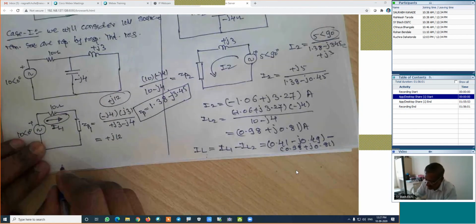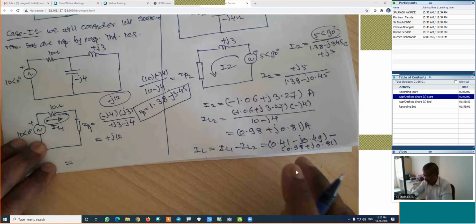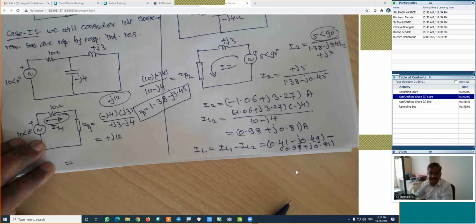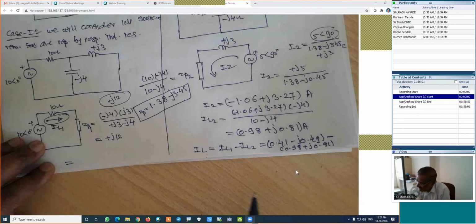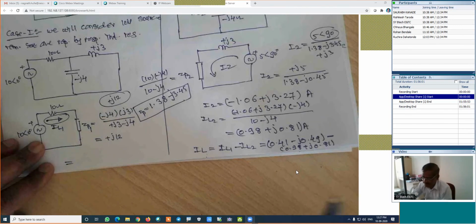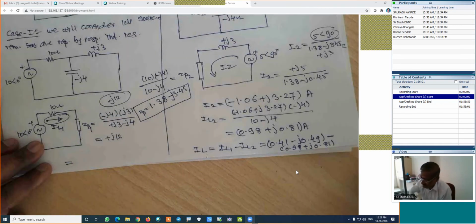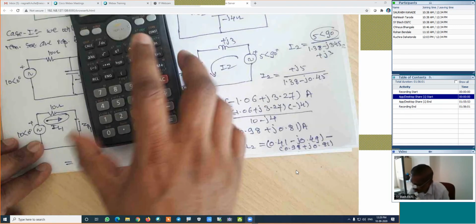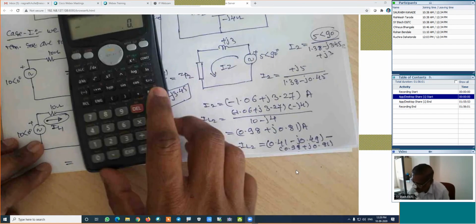This is right. I will write this value here as its answer. In this case, we can find its value as IL1 minus IL2 or IL2 minus IL1. Both are correct. Only the difference is the sign.